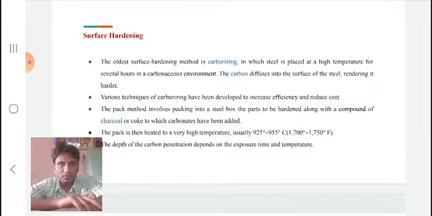That means in the early days, steel was kept in charcoal in a box.